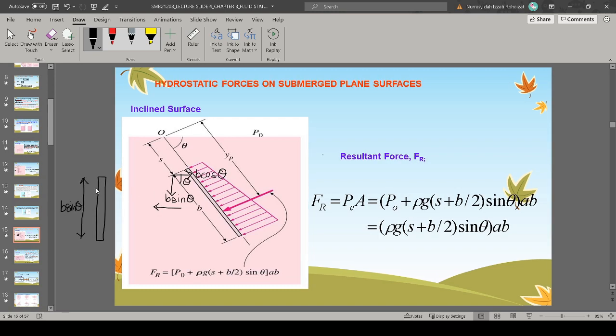Okay, and then we must not forget that there is a remaining height on top of it, that is s. So s will be the same thing. We already have theta, so for the x component is s sin theta, and for the y component we have, I got that mixed up. It should be the other way around.